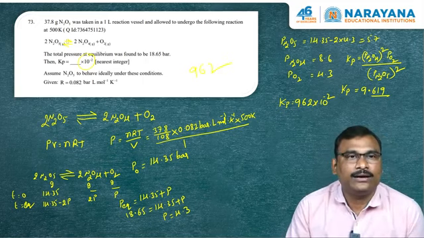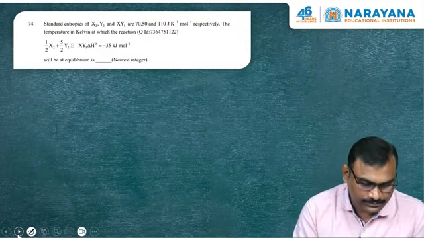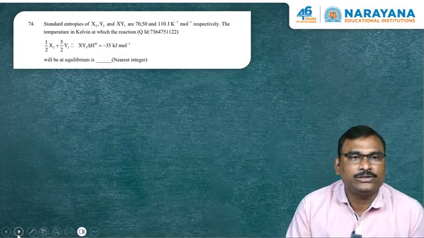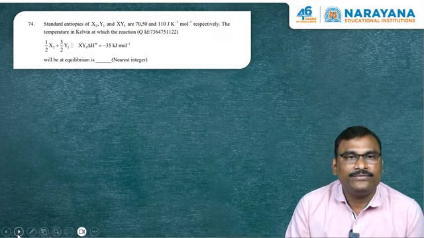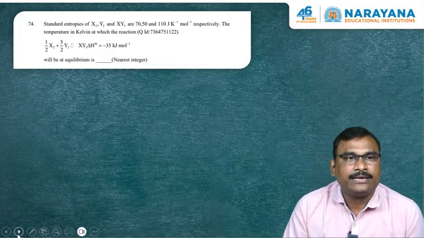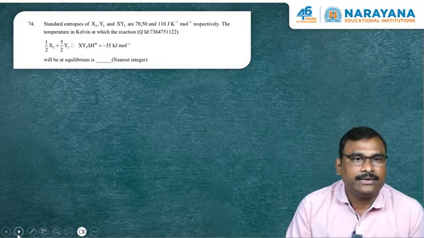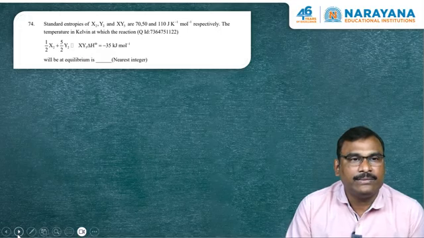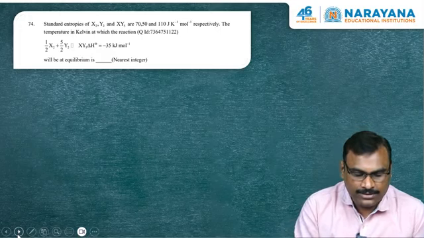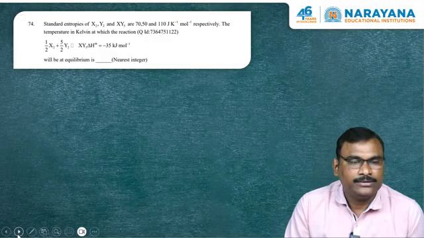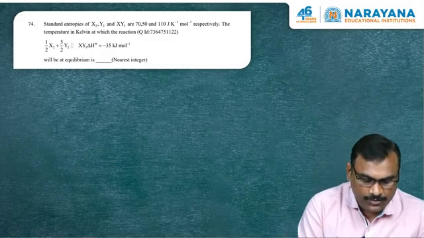Now go for the next question. The standard entropies of X2, Y2 and XY5 are 70, 50 and 110 joules per kelvin per mole respectively. The temperature in kelvin at which the reaction will be at equilibrium is asked. Here we have to calculate the temperature of equilibrium.